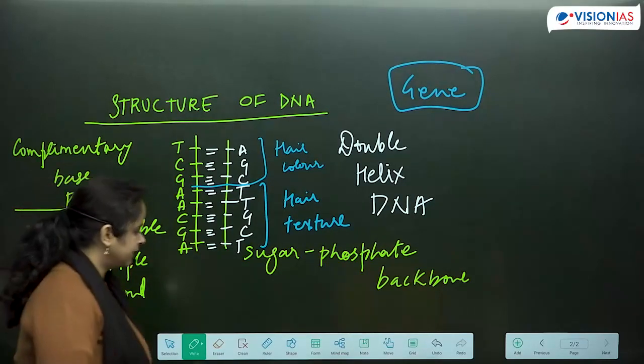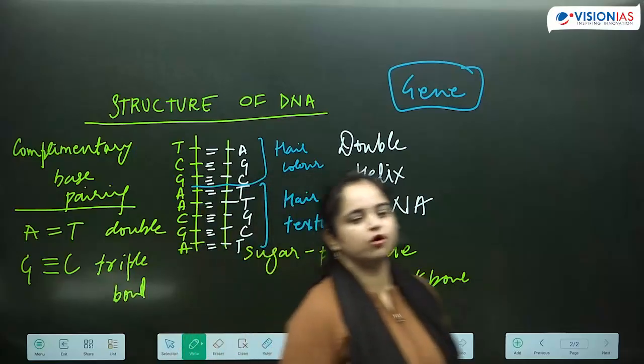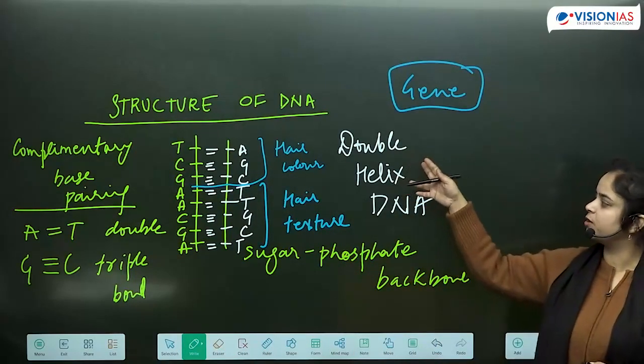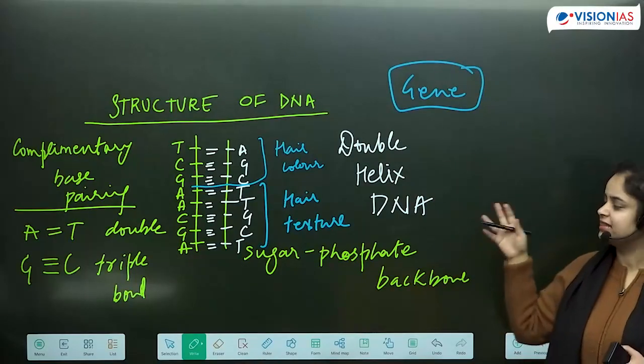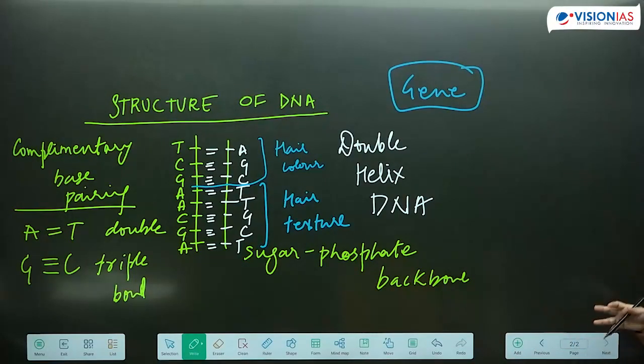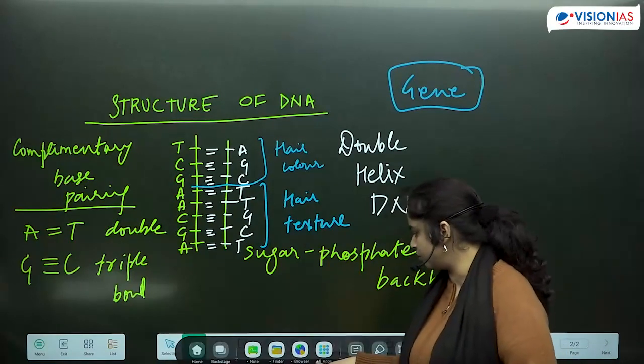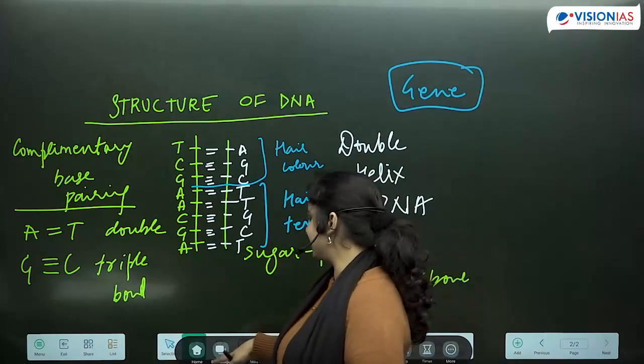For that, you need production of proteins. Whatever information is there with each of these genes, that is going to be converted into proteins. And it is only after the production of proteins in your body that we'll see the impact of this information.